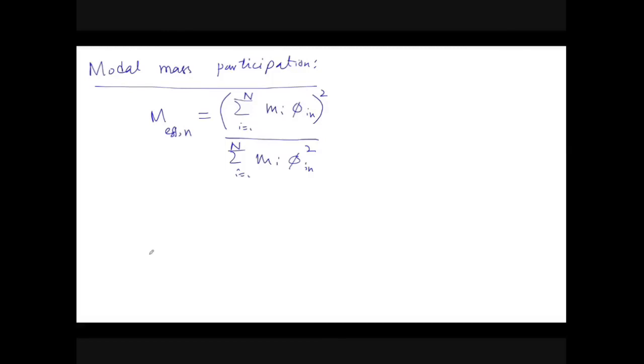Now, as I mentioned last time, the seismic codes state that the analysis shall include a sufficient number of modes to obtain a combined modal mass participation of at least 90%.